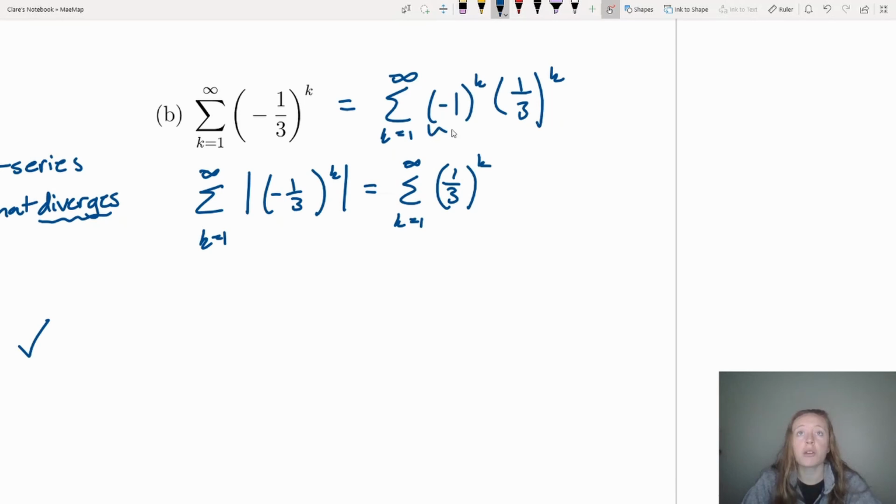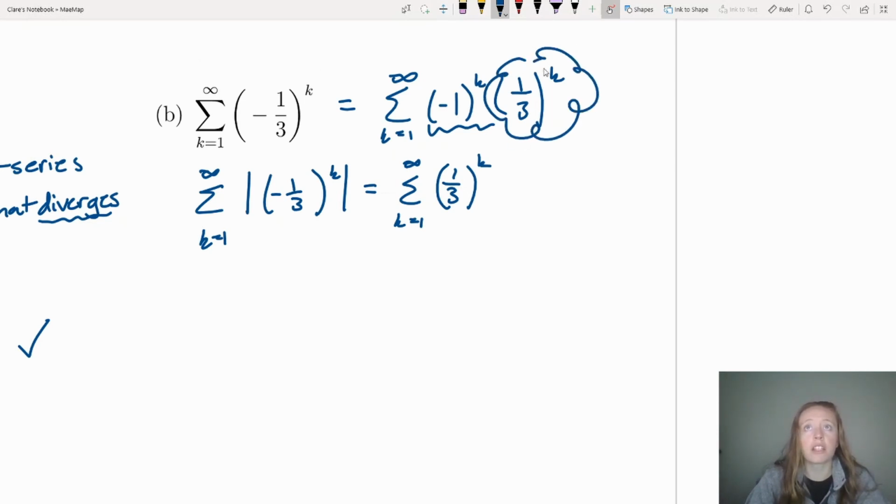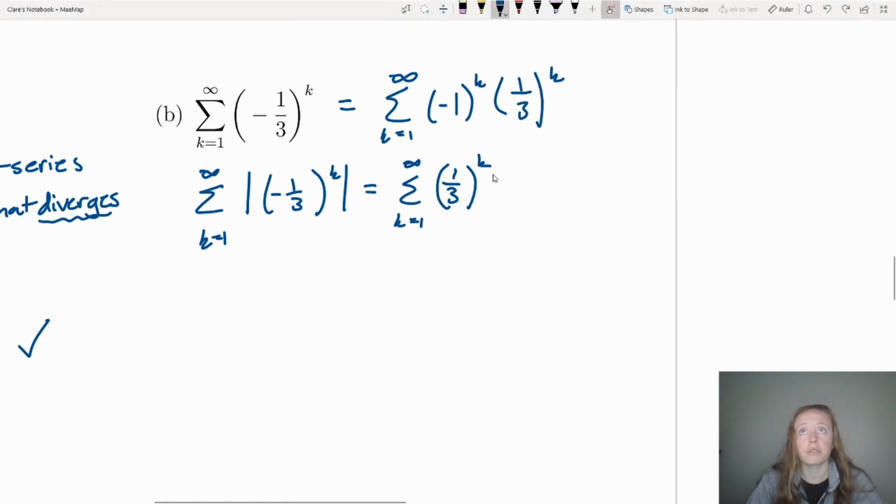And the absolute value, this negative 1, is the only thing that dictates whether the overall series is negative or positive, so taking the absolute value, that would be like a positive 1. So then all we would have left is this 1/3 to the k. And that's just simple exponent laws there.